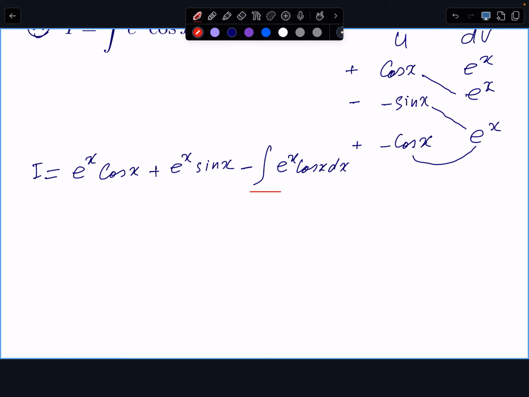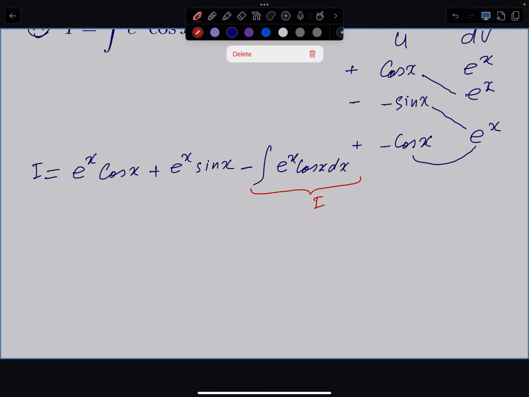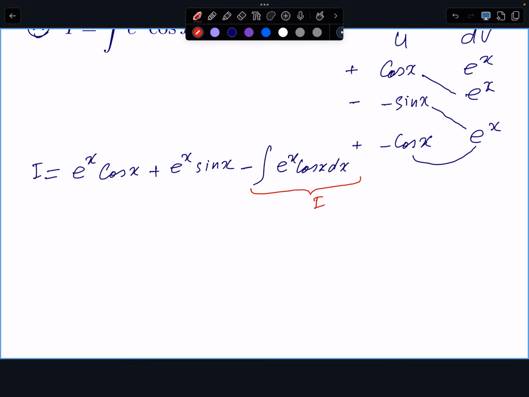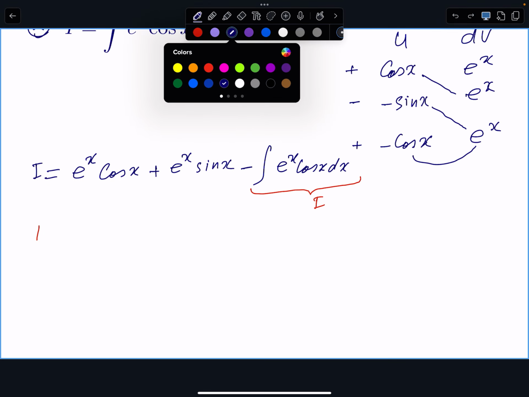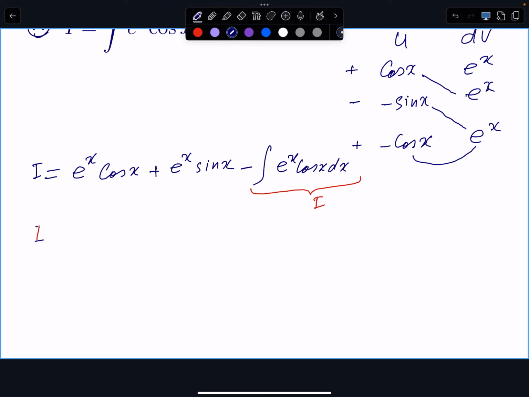And what is this one equal to? This one is I. Minus I goes to the other side, becomes I plus I, which is 2I, right?